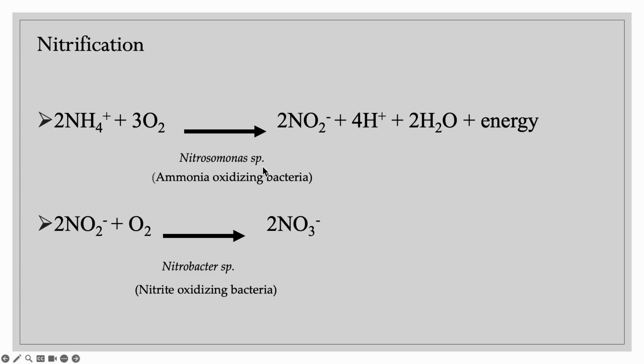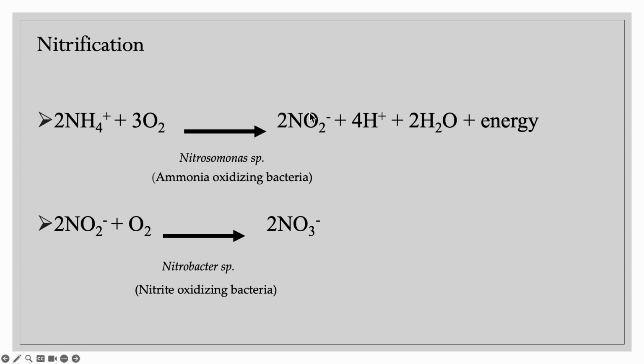Another important thing that we need is this Nitrosomonas species. The way that I remember this is there are 3 O's in Nitrosomonas, and we need 3 oxygens in order to complete this equation. So once it undergoes this process, it is converted to nitrite.